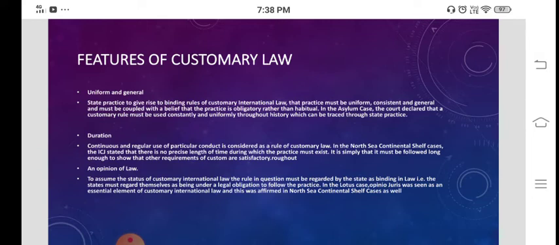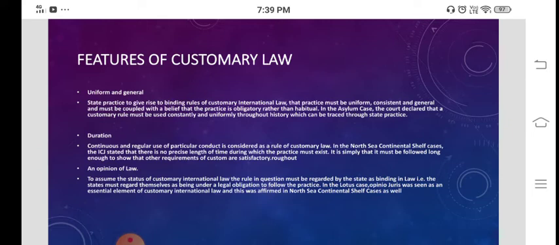In the Asylum case, the court declared that the customary rule must be used constantly and uniformly throughout history, which can be traced through state practices. Duration. Continuous and regular use of particular conduct is considered as a rule of customary law.